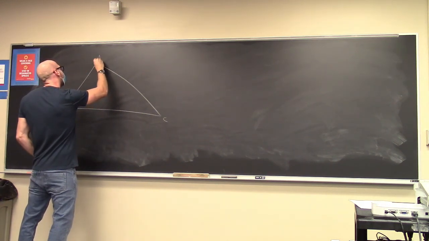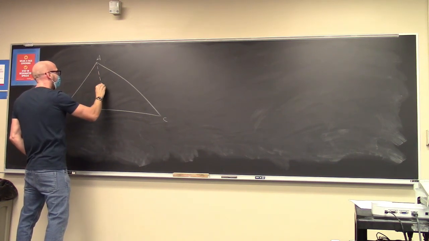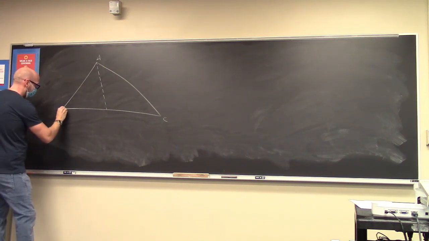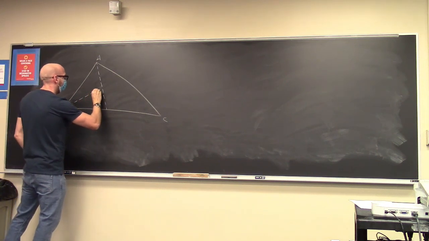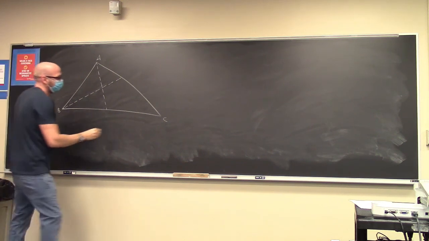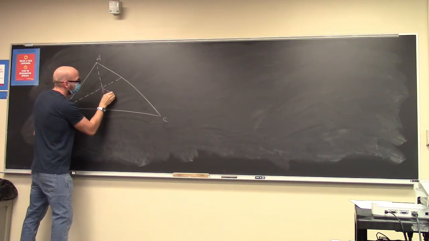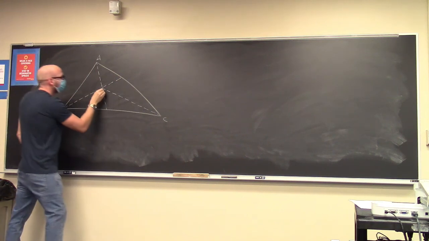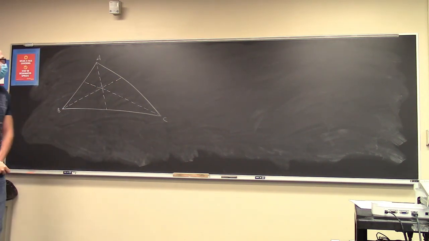So, what looks like an angle bisector? About that. There's my bisector, and there's my bisector, and this one has to go through this point because I know they're concurrent. So I'll start with the incenter and dash out from there. There's my 3 angle bisectors.